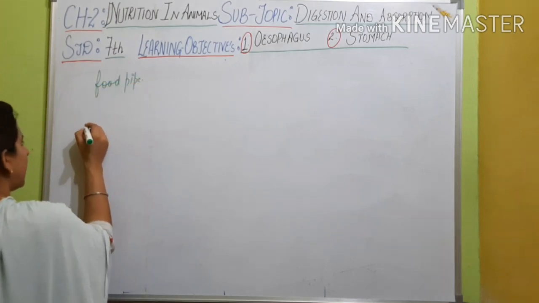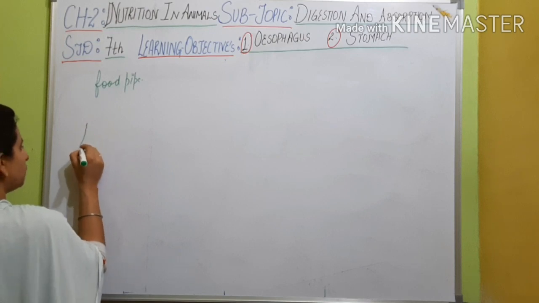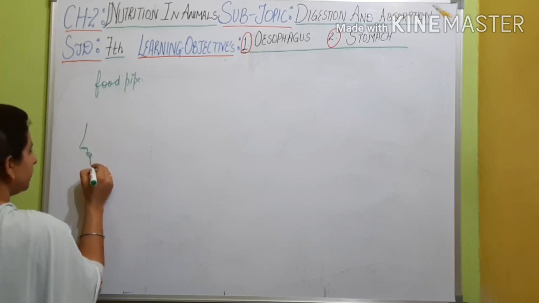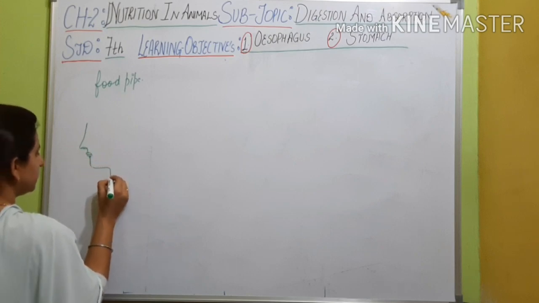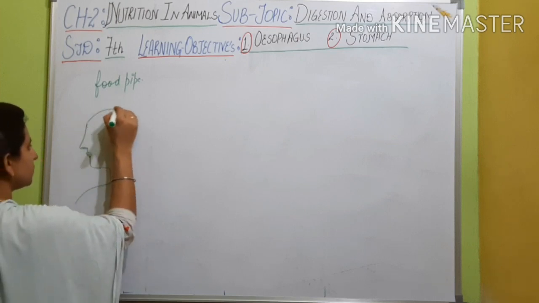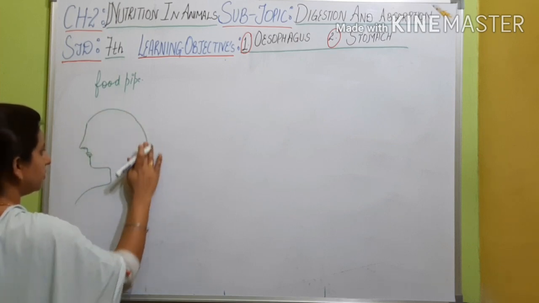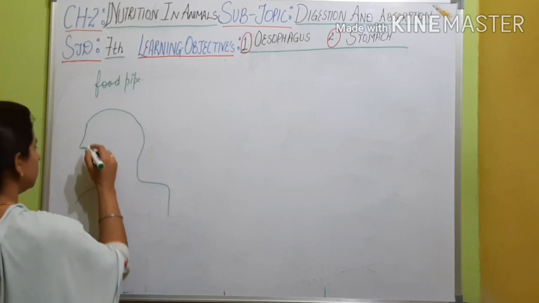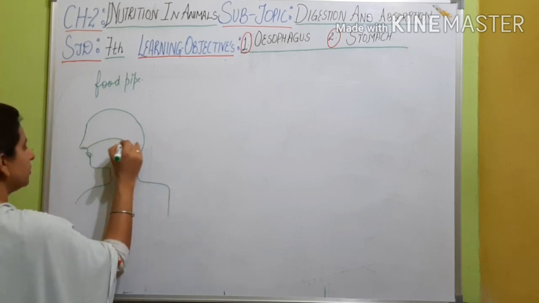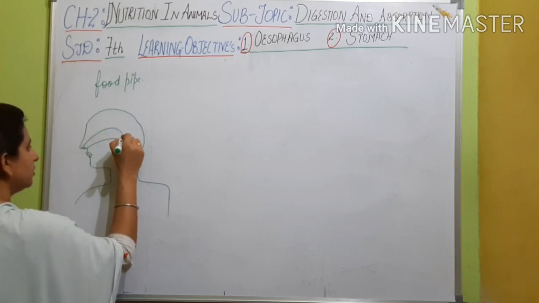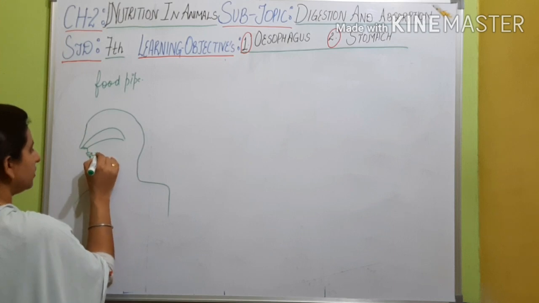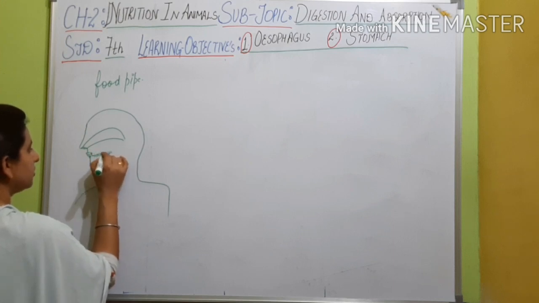Let's draw a rough diagram to see where the location of this food pipe is in our body. So if I draw a simple diagram, this is your nasal cavity or nasal chamber, and here are your teeth.